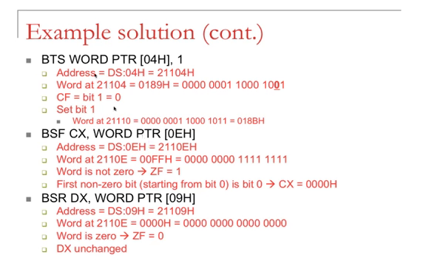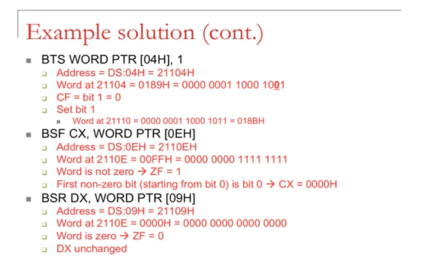Next instruction, BTS, that's bit test and set. We're going to look at this address, 21104, and this value is given. 0189 is the original value at that location, and this here is the binary representation of that value.